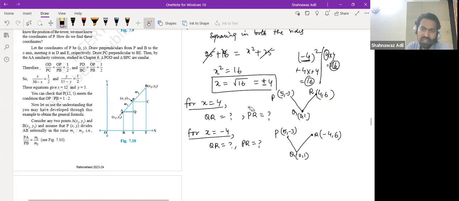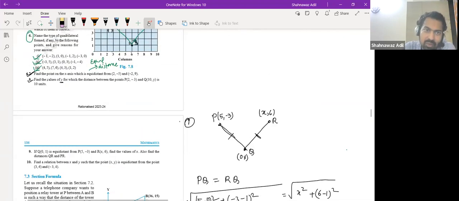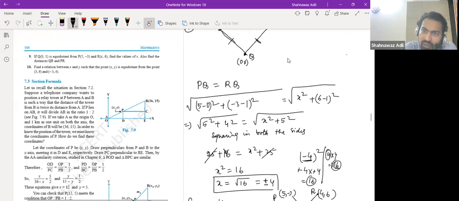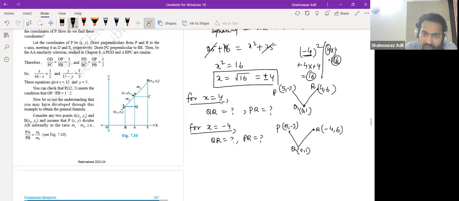You see, what is R? R is x comma 6. But you put the value of x, which we found. Yes, because we had two values of x, for x equals to 4, R would be this, and for x equals to minus 4, R would be this. Clear? Okay, clear. Then you calculate the values of QR and PR.